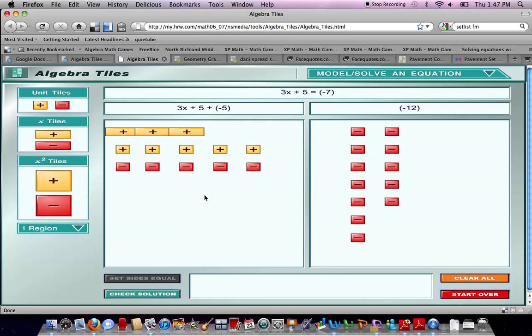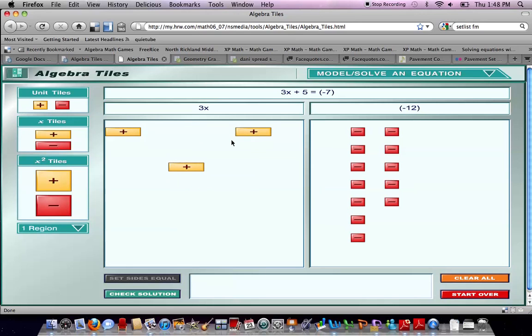Now I notice that I haven't zeroed out all these zero pairs yet, so I'm going to zero that out. There's 1 zero pair, 2 zero pairs, 3 zero pairs, 4, and then 5. Now remember, the whole point of this is to have nothing but x's on this side, and I've accomplished that. So I'm going to split these up into 3 groups.